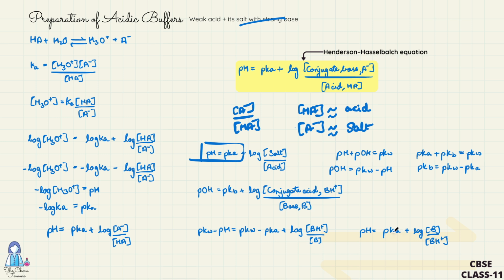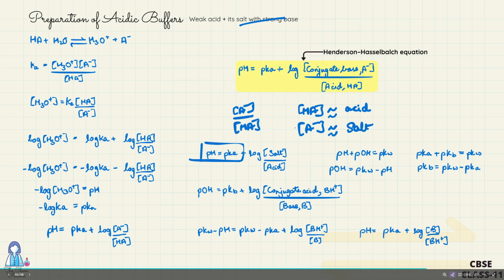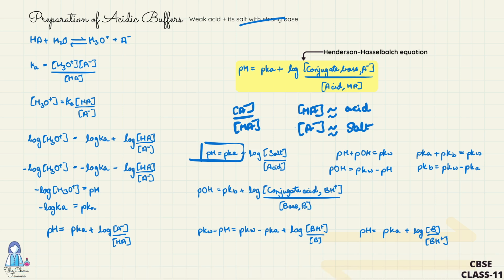The example they've given in your textbooks is, if I'm not wrong, ammonium. I cannot for the life of me remember. Okay, hang on. Yeah, so you have the buffer solution formed with ammonium chloride and ammonium hydroxide.